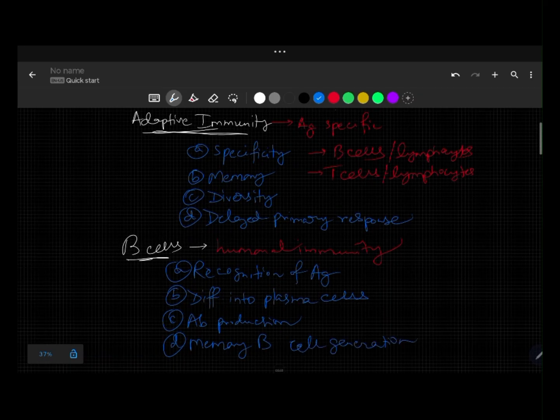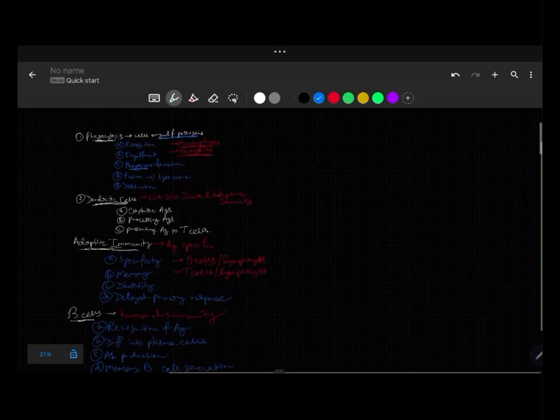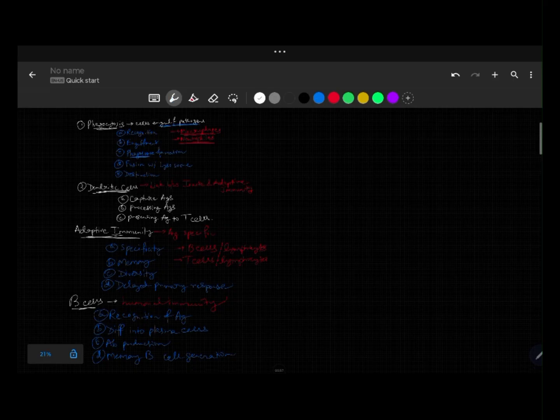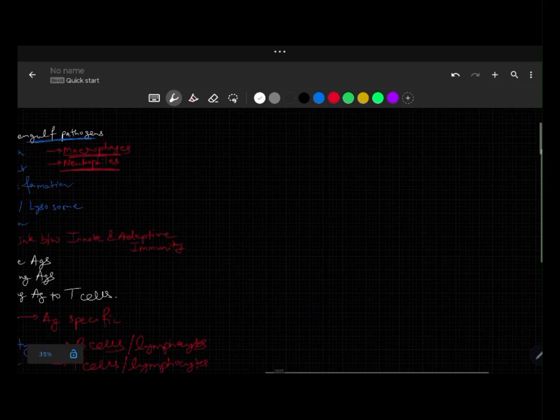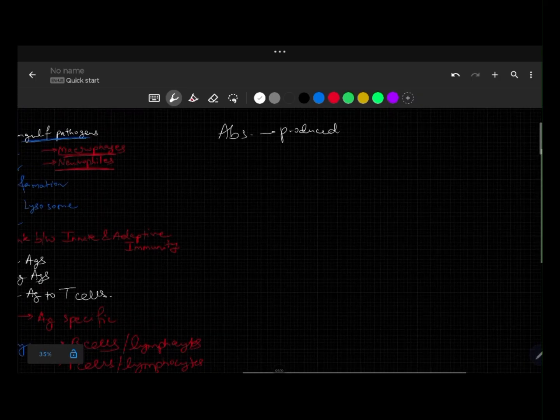Now if we talk about antibodies, what are antibodies? These are proteins produced by plasma cells, which are actually a type of B cells.